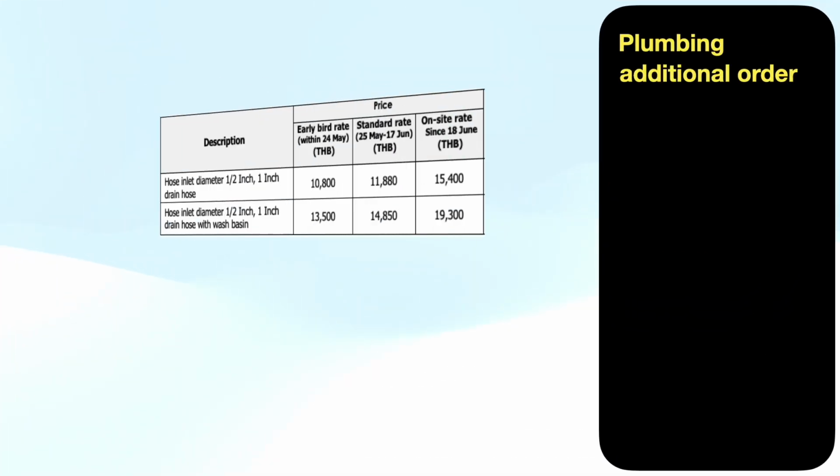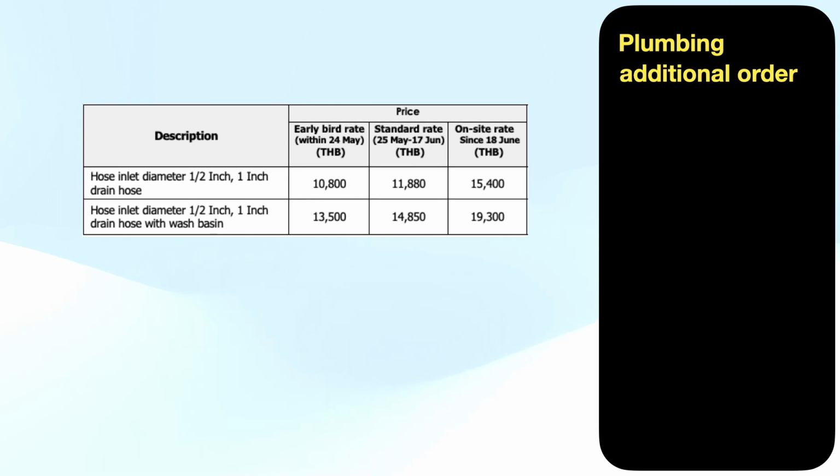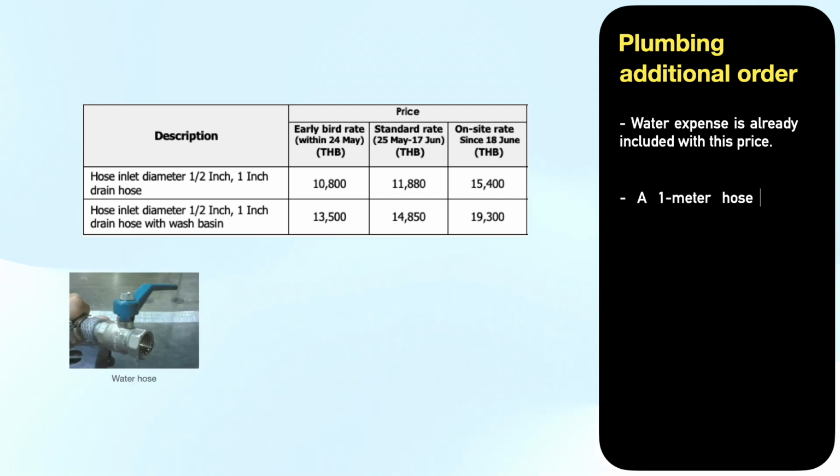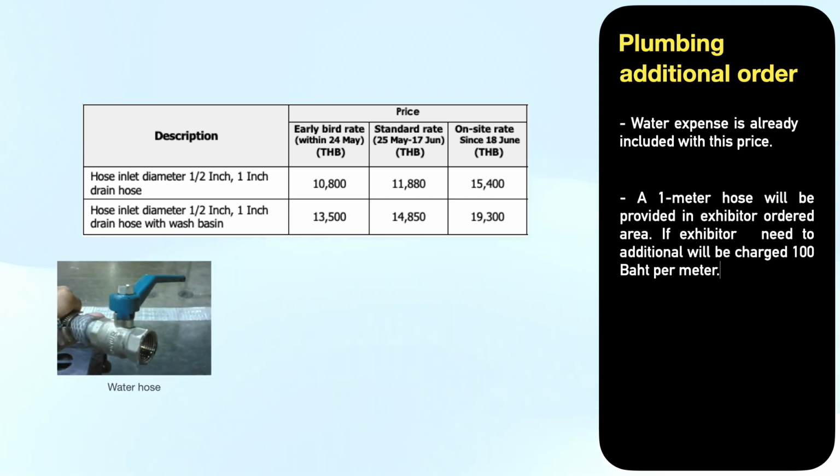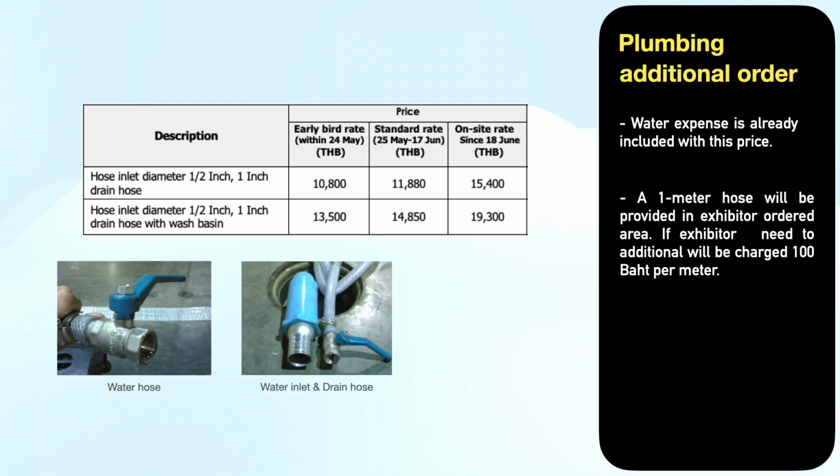Next is the form for ordering the plumbing system. The services we show in this form include the cost of the water consumption. The provided hose will be approximately 1 meter long. If you require a longer hose, please notify us prior to the installation for an efficient workflow. Our services include the option to order the water supply hose along with the water drainage hose.